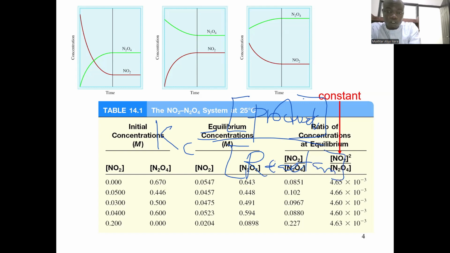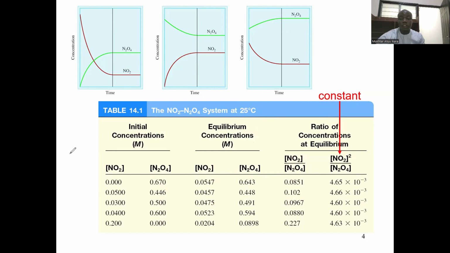If there is any coefficient, you raise it as a power. If the coefficient is a, you raise it to the power a, and if the coefficient is b, you raise it to the power b. As we go on in the classes, we are going to look at how to express the equilibrium constant, Kc.